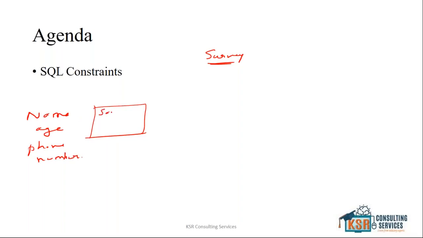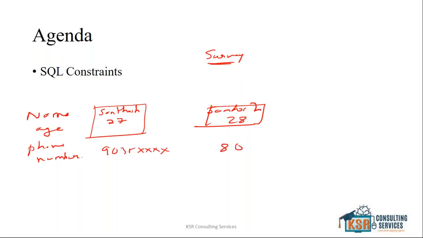Name can be same, two people can have the same name. Age can be same, or maybe age can be different. Phone number will be different.